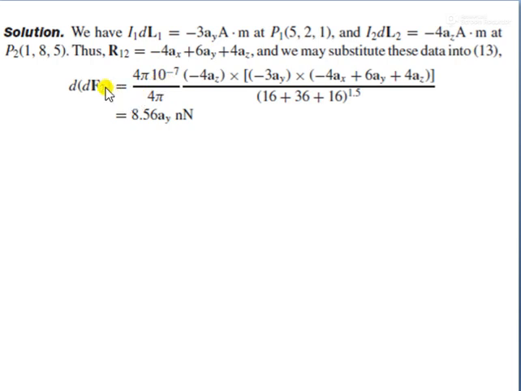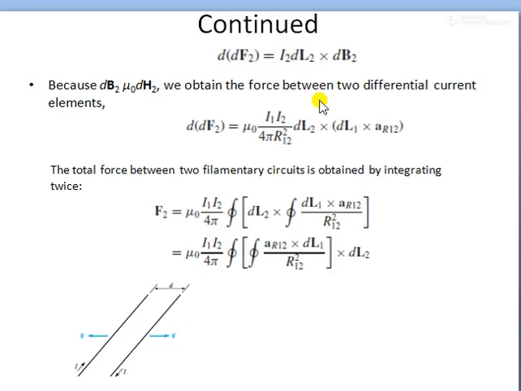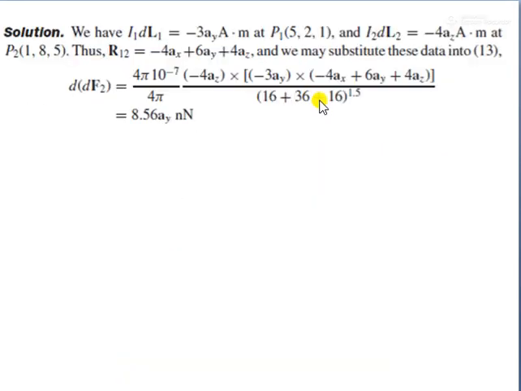So use the formula for dF2: 4 pi into 10 raised to minus 7, that is mu naught, divided by 4 pi, times I2 dL2, minus 4 aZ, cross I1 dL1, minus 3 aY, cross R12, divided by the square of R12, where the modulus of R12 is the square root of 16 plus 36 plus 16.